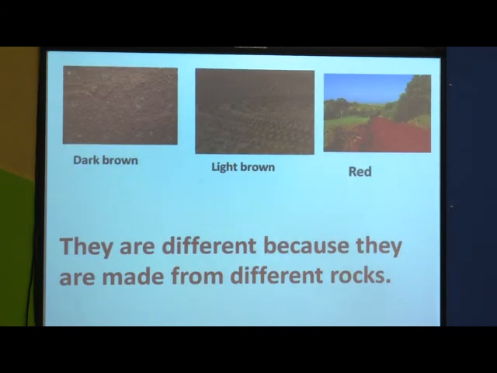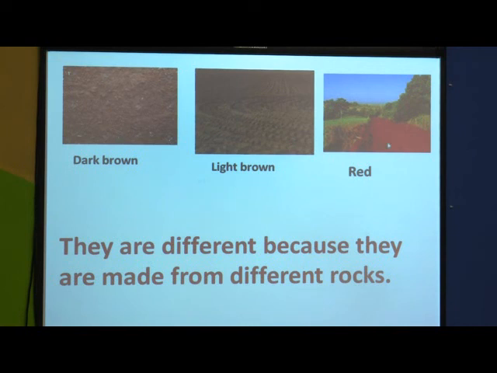Now see here, as I have shown you in the beginning also, different types of soils which I have collected from different places. Yes. Now see, some are light brown, some are dark brown, and in some places the soil is red. These soils also feel different when we touch them. Why do we feel different?